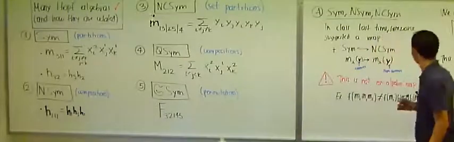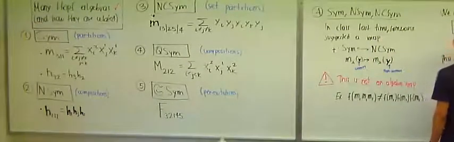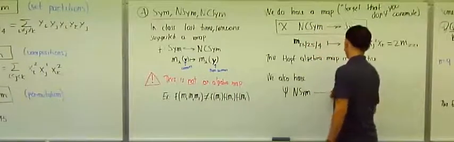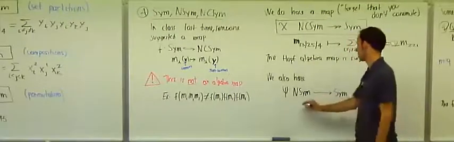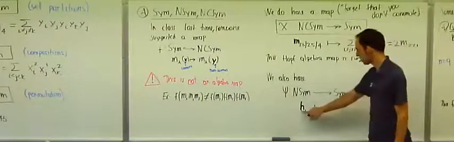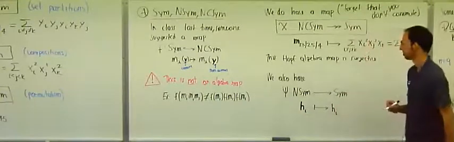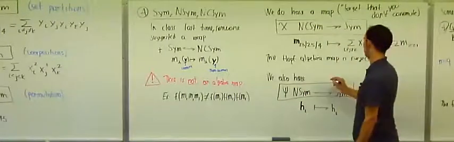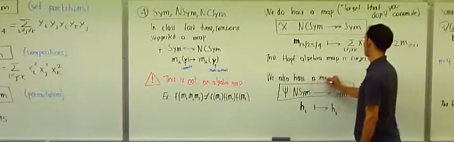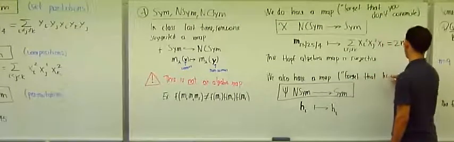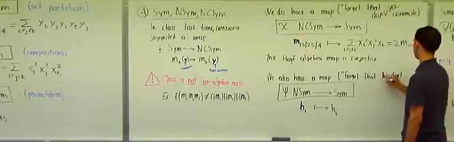So we also have a different map, which I'm going to call psi, from NSym to Sym, which takes the non-commutative version of h_i and sends it to the commutative version. Again, this map just forgets that the h's don't commute.